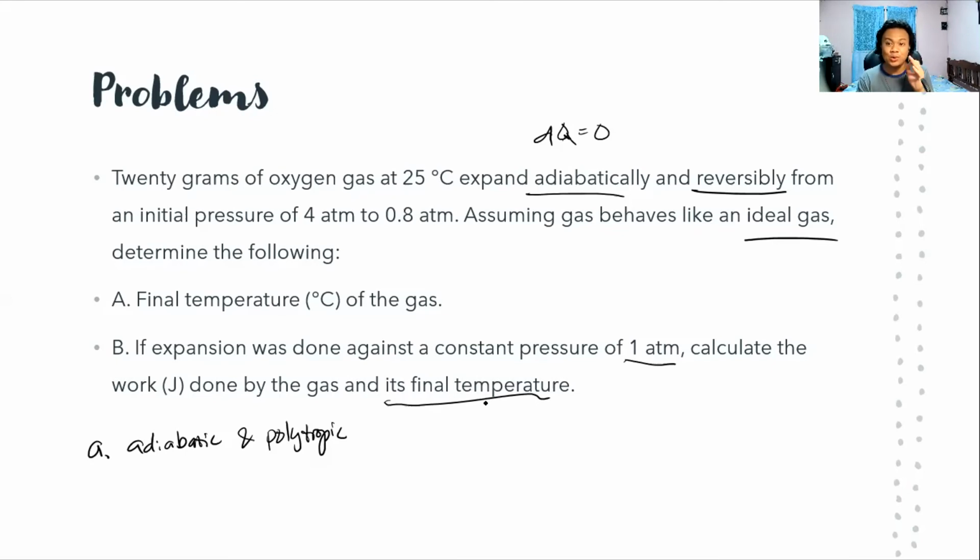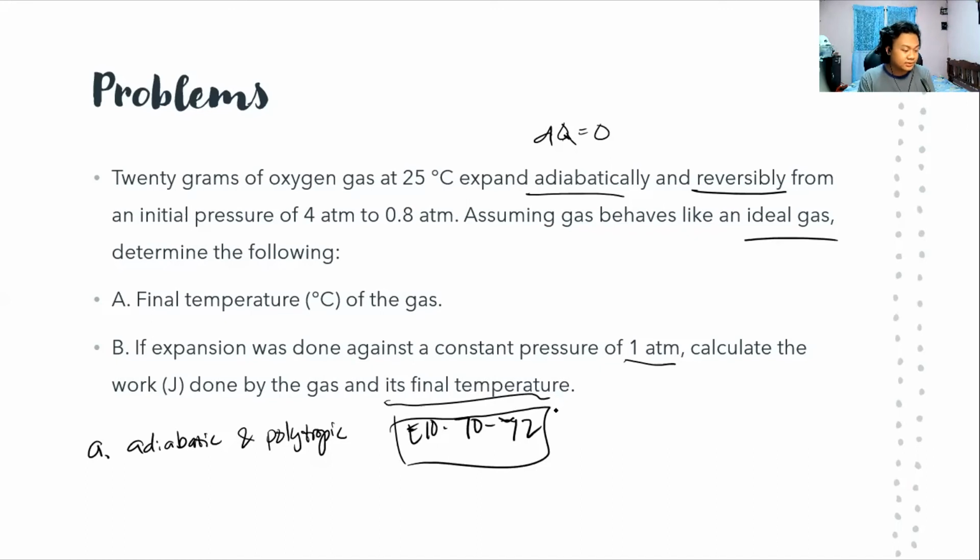Adiabatic means no exchange of heat from the system to the surroundings and vice versa. So if the condition is this, we can use the equations in our Perry's equations, pages 70 to 72. You can find there the adiabatic and polytropic equations.